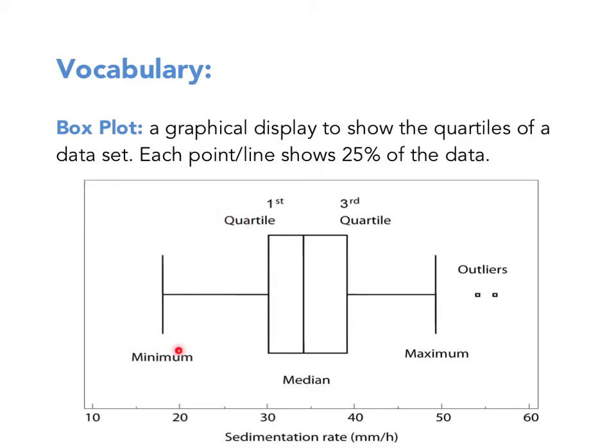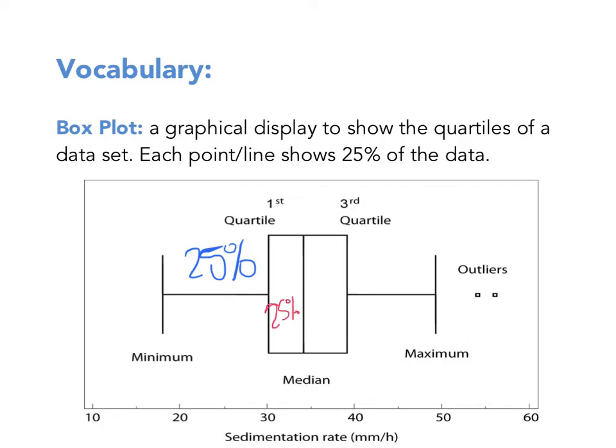And this first chunk right here is 25% of the data. The next mark, the first line here, is the first quartile. And we see our first quartile can be measured at about 30. And between the first quartile and the median, or the second quartile, that's the next 25% of data.